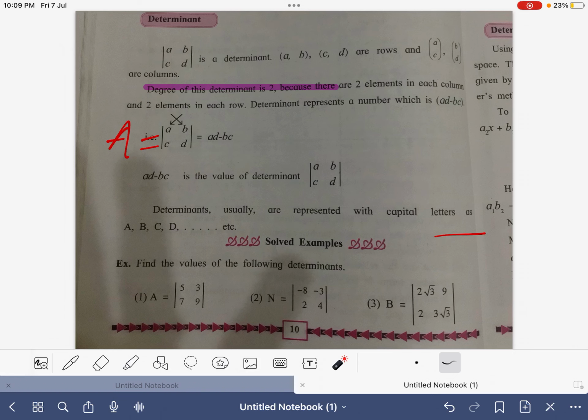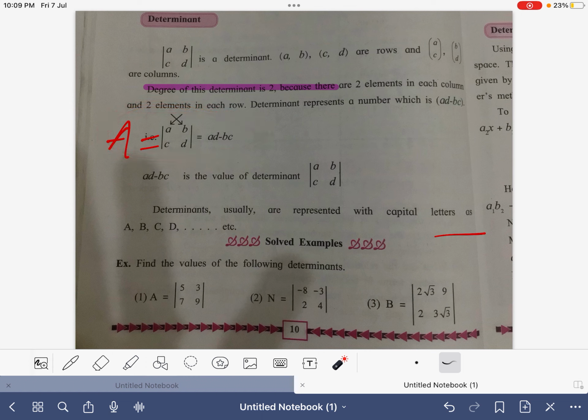We multiply a into d, and we put a minus sign. Always keep in mind there is a minus sign here. So minus c into b. So your answer is a into d minus b into c. Likewise we are solving the determinant.